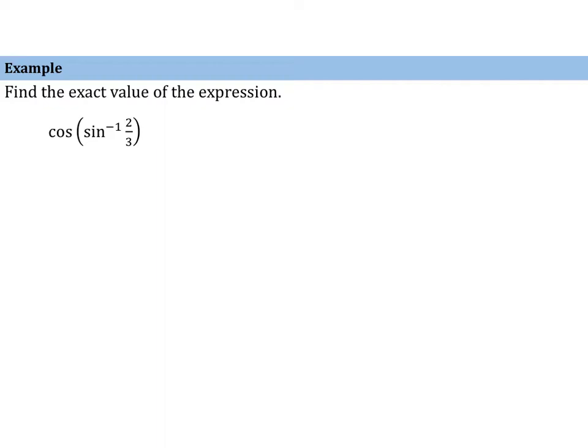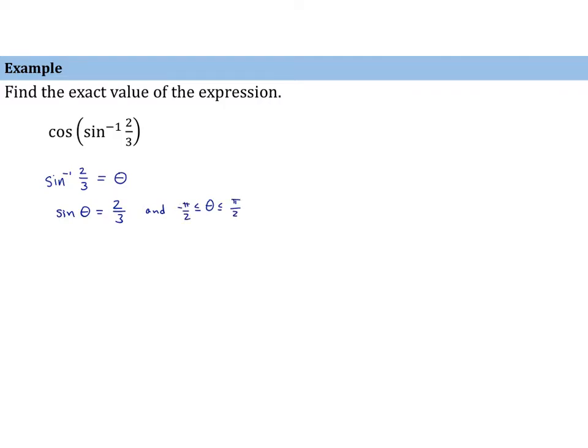So let's remember what this means. Let's start with arc sine of 2/3. This is an angle theta that yields 2/3 as an output for sine, but at the same time we know that theta has to be between negative pi over 2 and pi over 2.